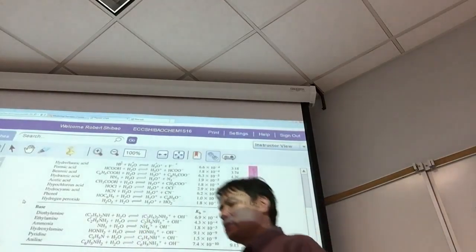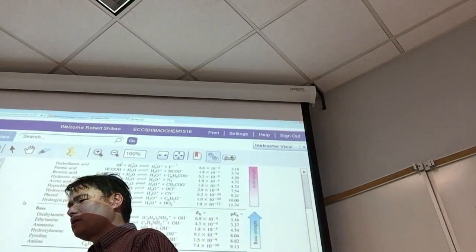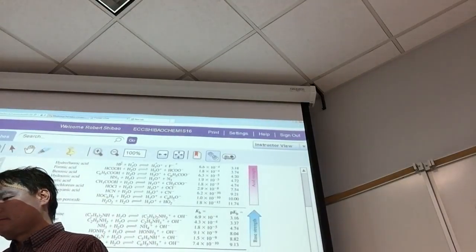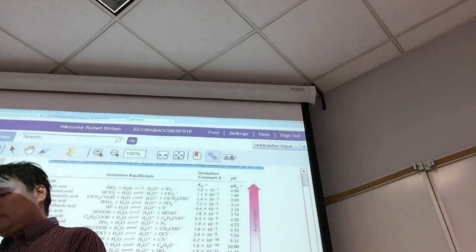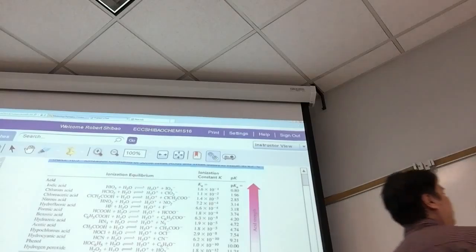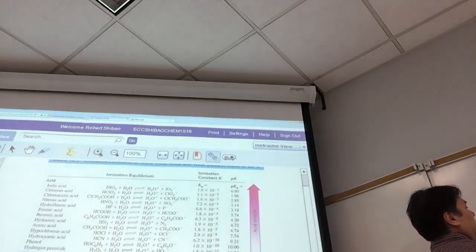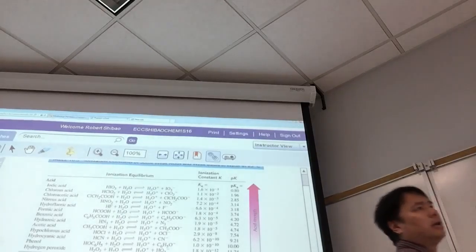So we'll look more at this in terms of structure, but you can see patterns already emerging based on structure, looking at a table like this. All right, so what we want to do is look at this.